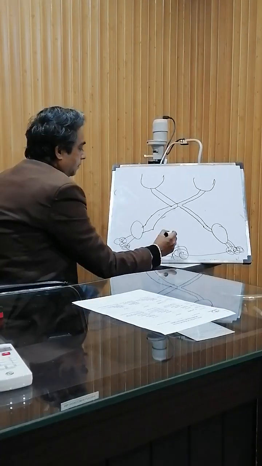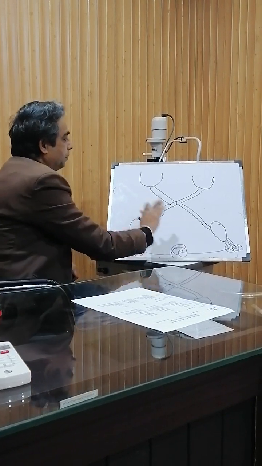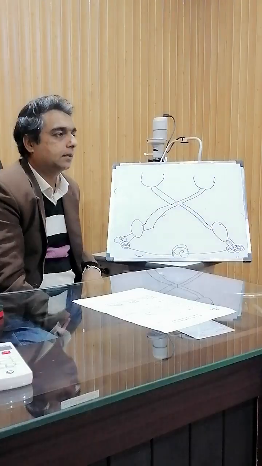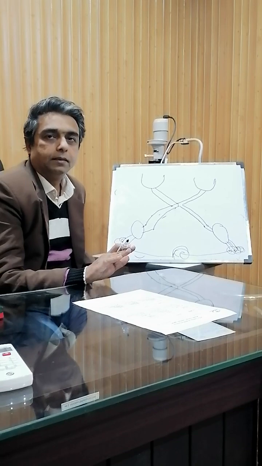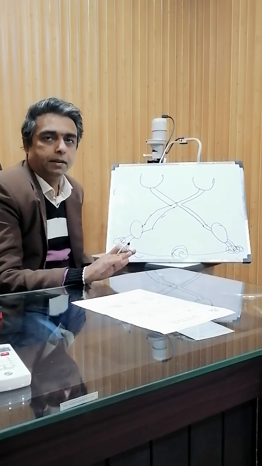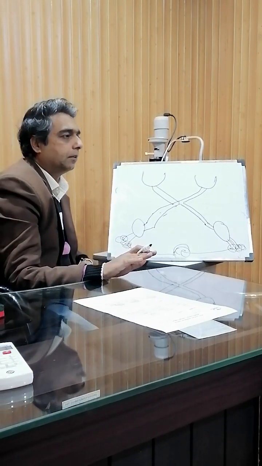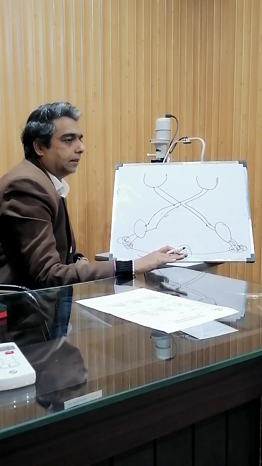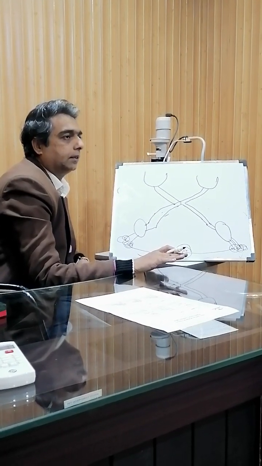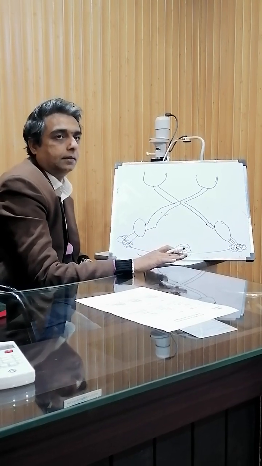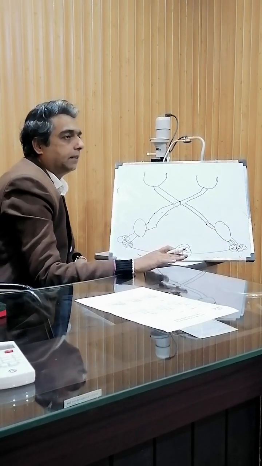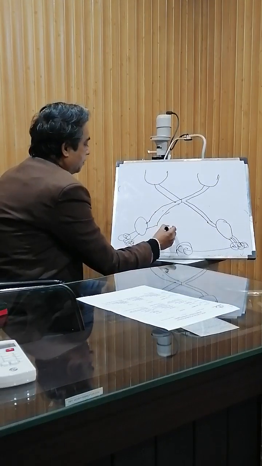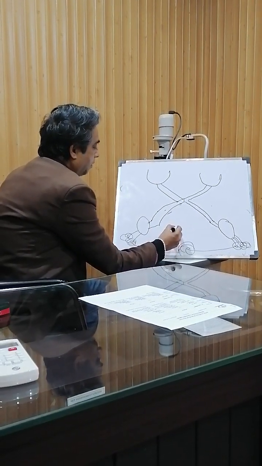Now, this is the level of the superior colliculus, midbrain. At the superior colliculus, we have the nucleus of the third nerve. Yes, we have the Edinger Westphal nucleus. So let me draw that also.